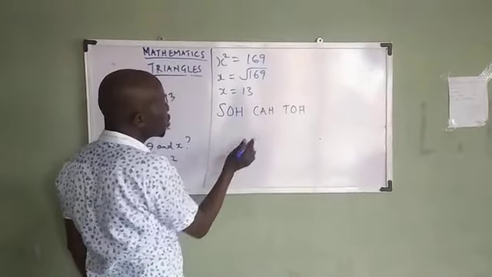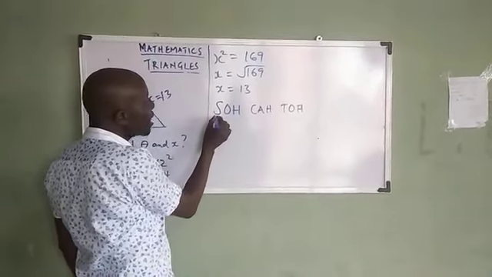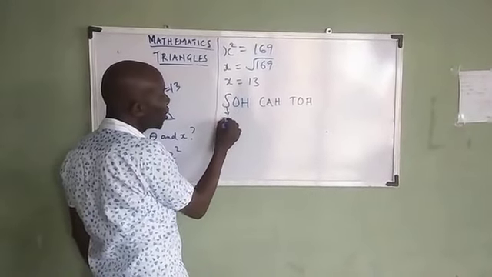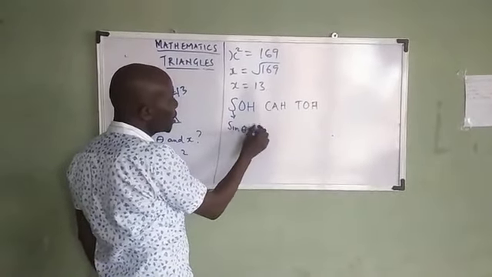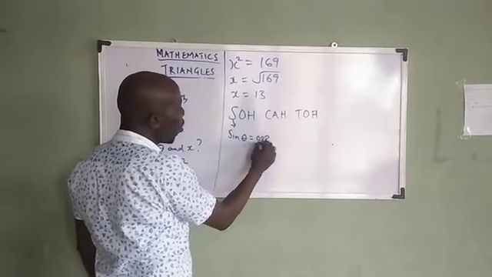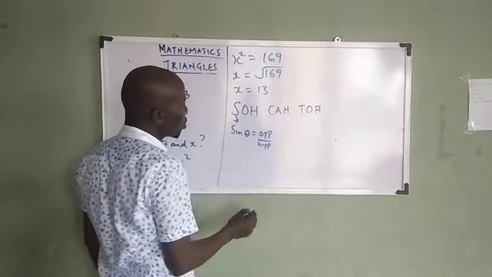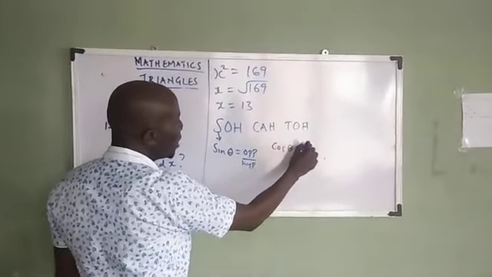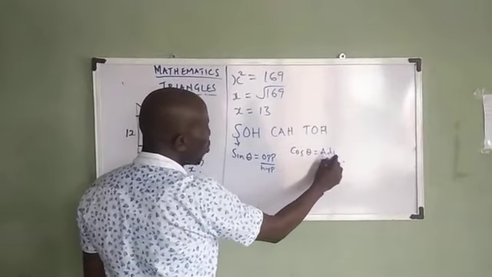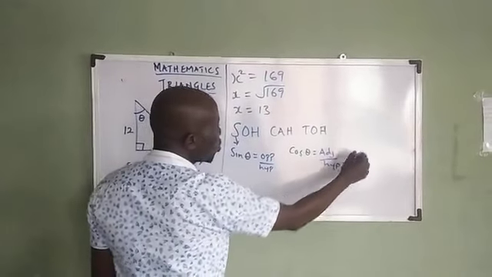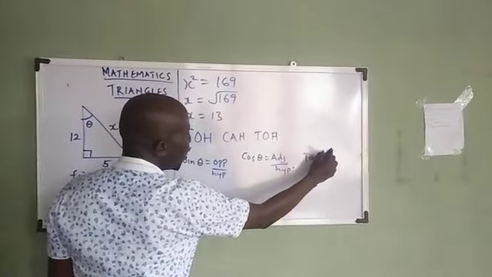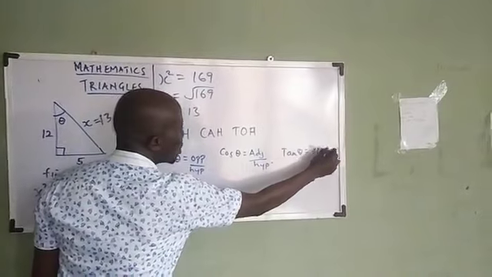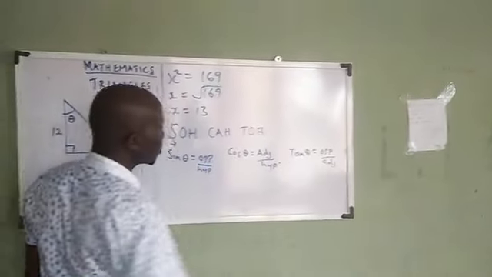The meaning of SOH CAH TOA is to find sine theta equals opposite over hypotenuse. To find cos theta, it equals adjacent over hypotenuse. To find tan theta, it equals opposite over adjacent.